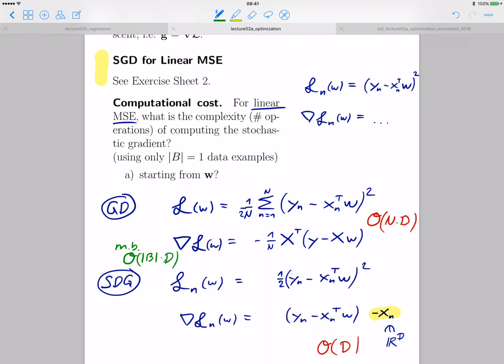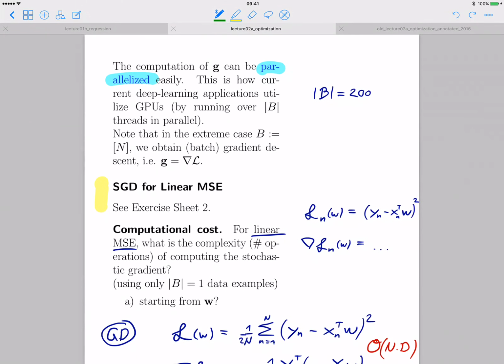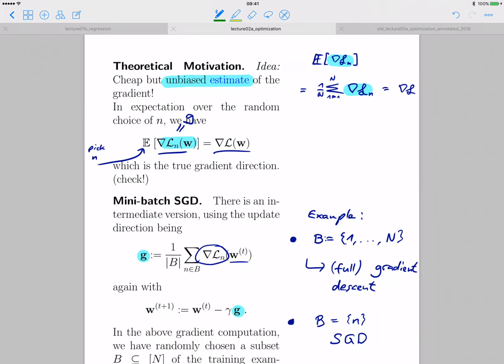Okay, that's already the main thing we need to know. Are there any questions on this? Why do you have cardinality of B? Why do I have cardinality of B here? So this is just for this special variant, mini batch SGD. Mini batch means I pick not only one guy, but I pick B of them, right?